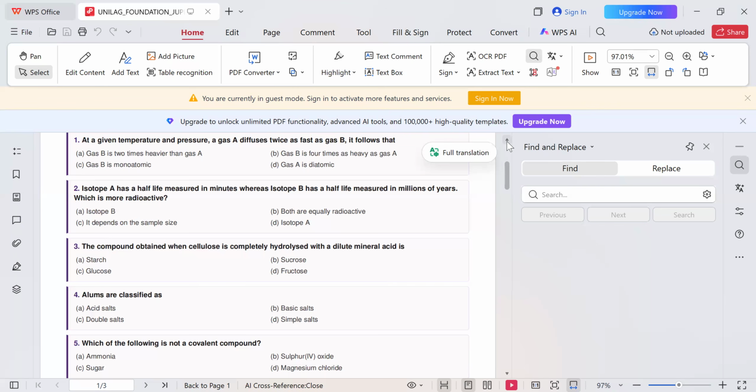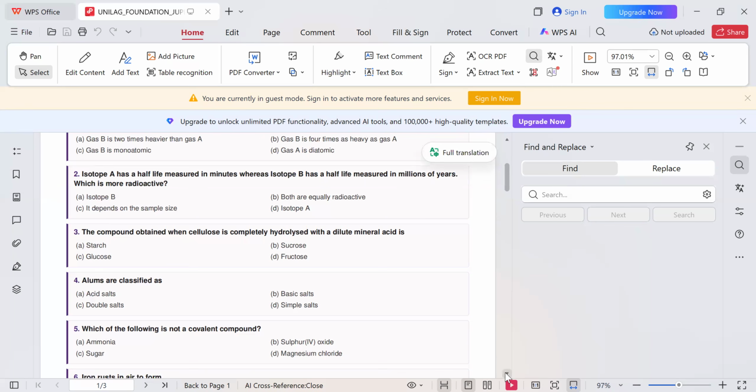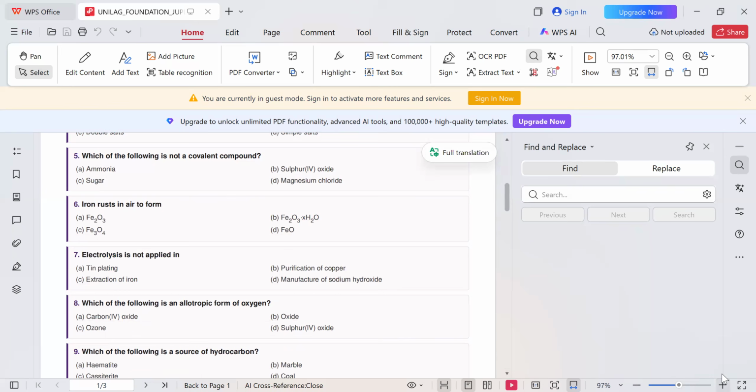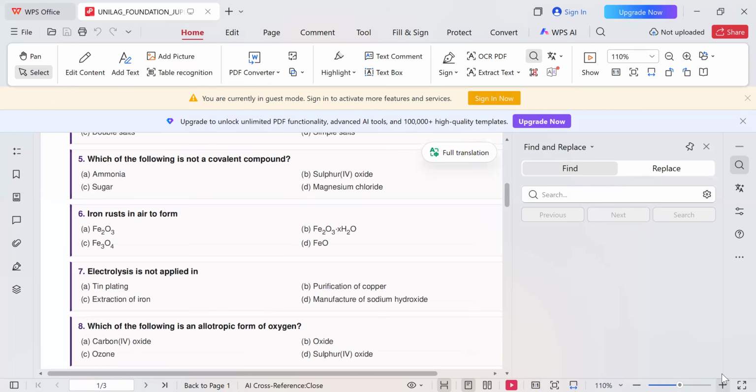Which of the following, number 5, is not a covalent bond? Now let's look at what we call a covalent bond. A covalent bond is when there is sharing of electrons between two participating atoms. They are not necessarily metals and non-metals, but two participating atoms in which both of them share.